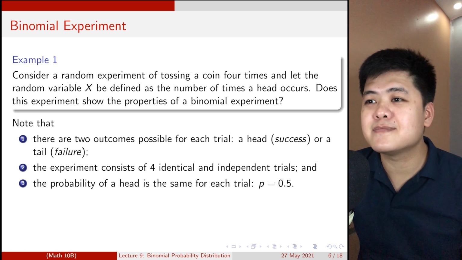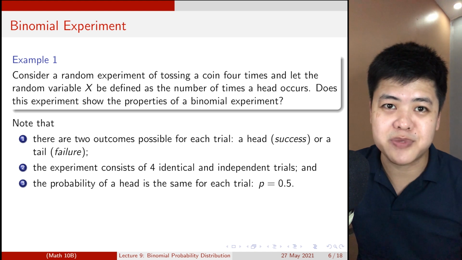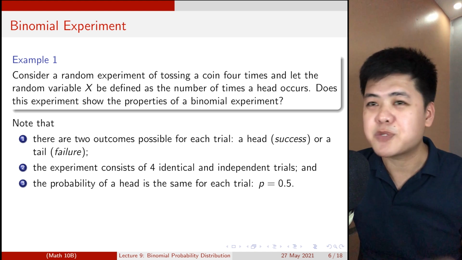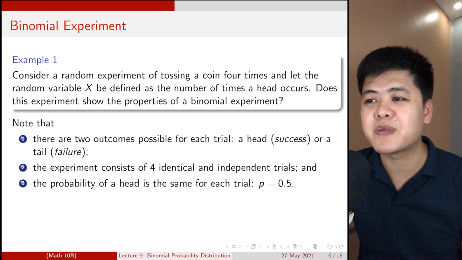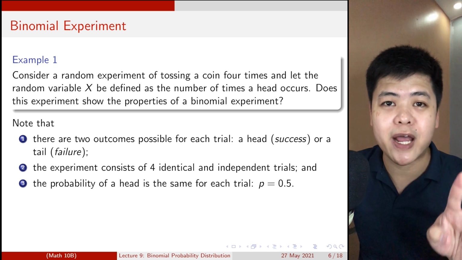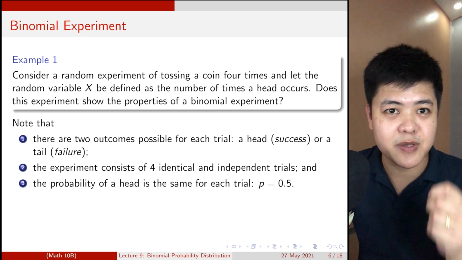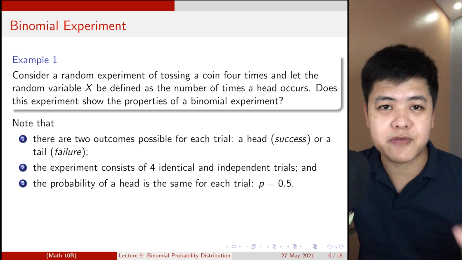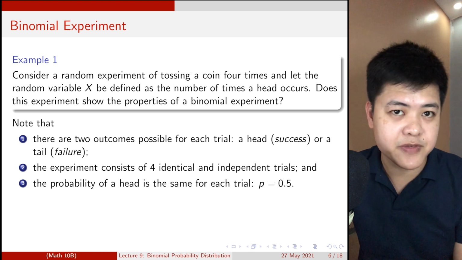Note that, first, there are only 2 outcomes. When you toss a coin, it's either heads or tails. So your success is the head, and your failure is the tails. The experiment consists of 4 identical independent trials. The occurrence of the first toss is not affected by the occurrence of the second toss.